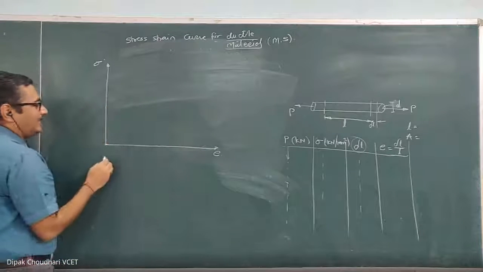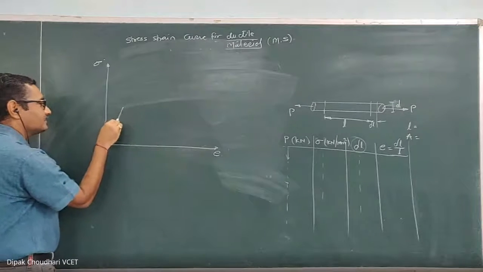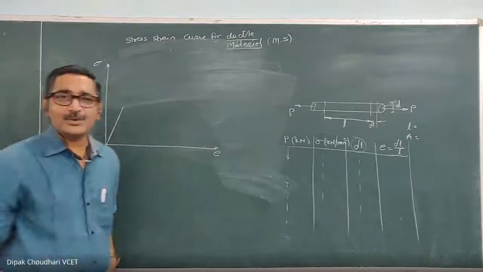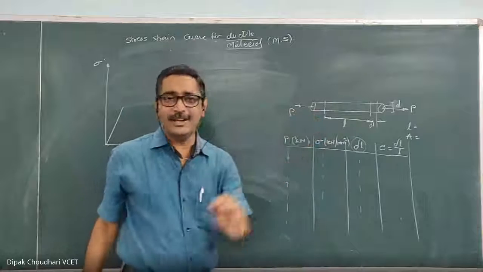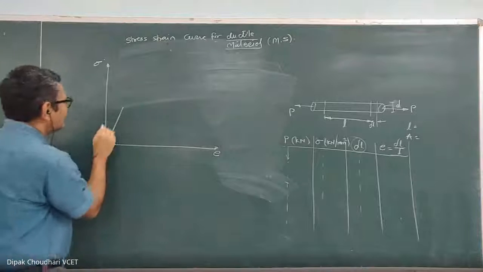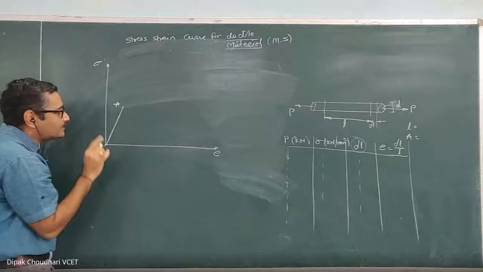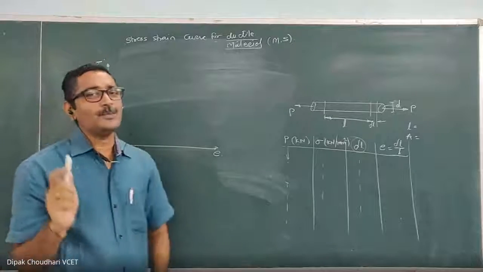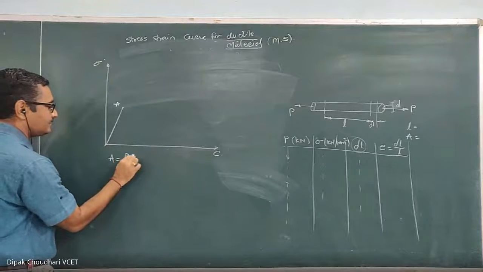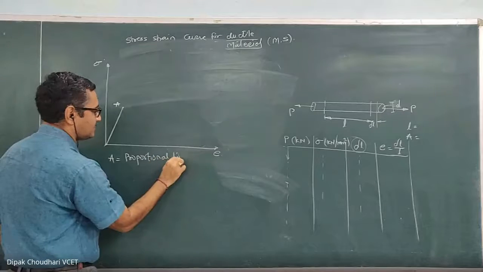Up to a certain limit the stress is directly proportional to the strain, and it will be a straight line. The point up to which the stress is directly proportional to the strain is known as the proportional limit.